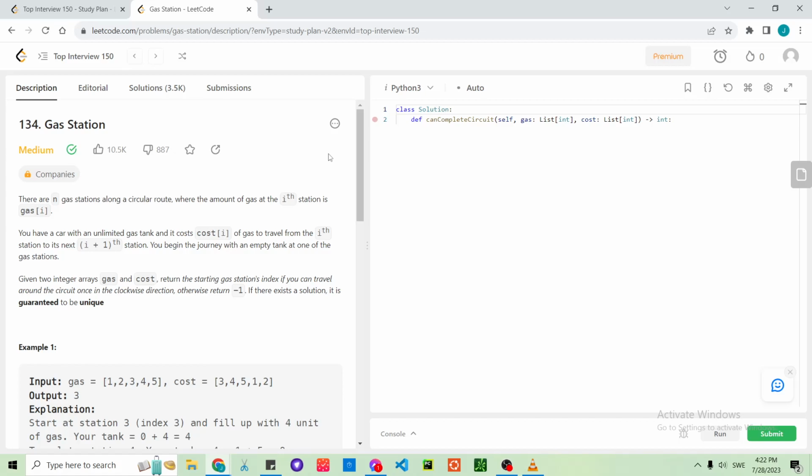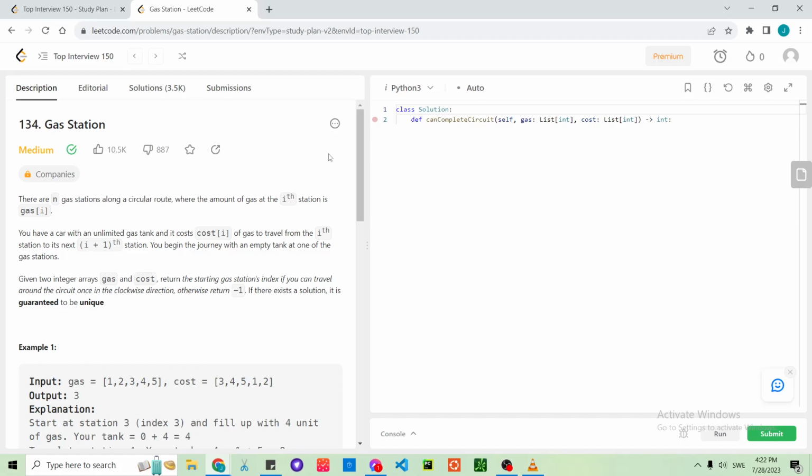Amount of gas at ith station is gas. You have a car with unlimited gas tank, and then okay, there is a cost. The cost is only from current one to next one. You begin the journey with an empty tank at one of the gas stations, any one of them.